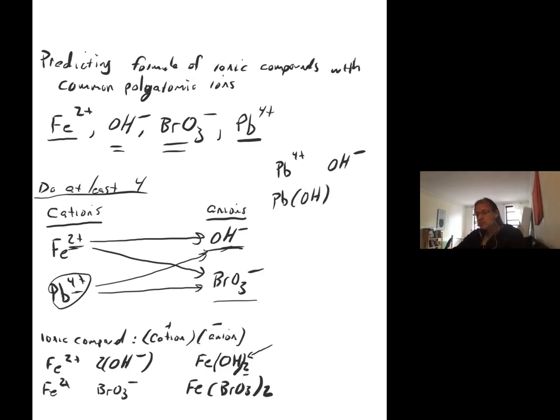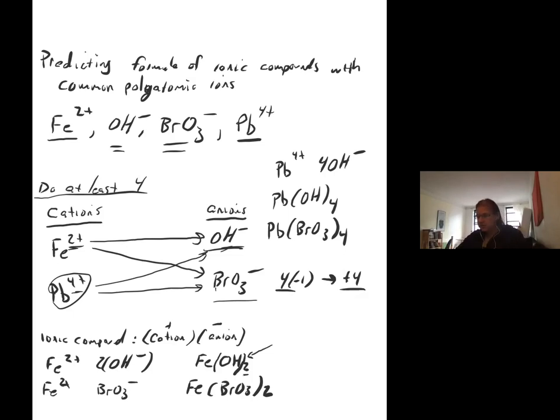If there's more than 1 polyatomic ion, you write parentheses, and then you put the number after there. You need 4 of the hydroxides to balance the +4. And then you got the lead with the bromate. Same thing. Bromate is also -1. So you're going to need 4 of them, right? To balance that +4. 4 -1s is going to balance +4, right? These have to be opposite.